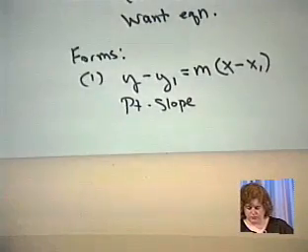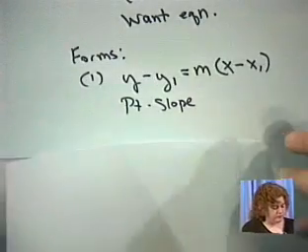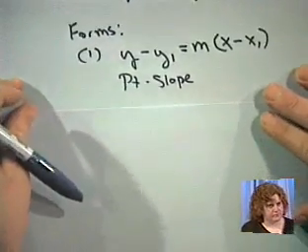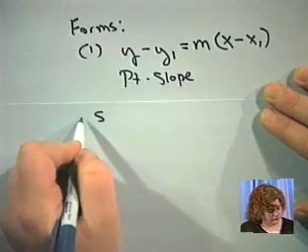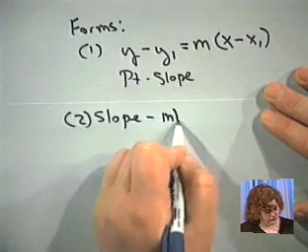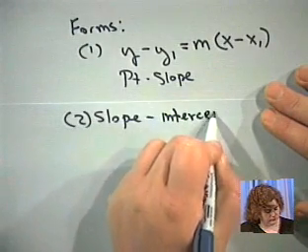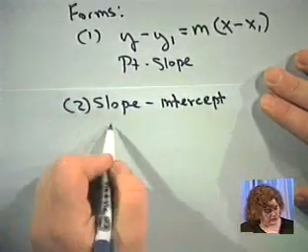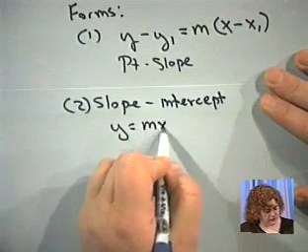The second pattern we'll look at is called the slope-intercept form. And it has the pattern y equals mx plus b.